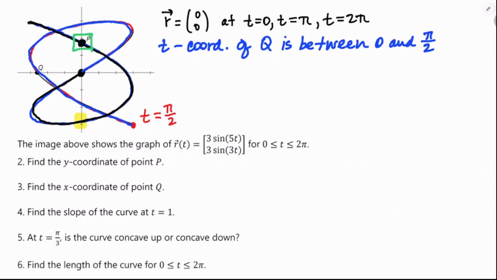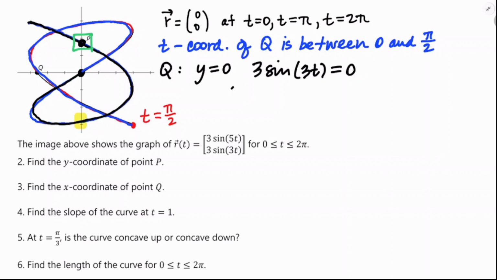Okay, then the most interesting thing about Q is that its y-coordinate is equal to 0. So that means that 3 sine of 3t needs to equal 0. And once again, sine of a thing is equal to 0 when that thing is some whole number of pi.